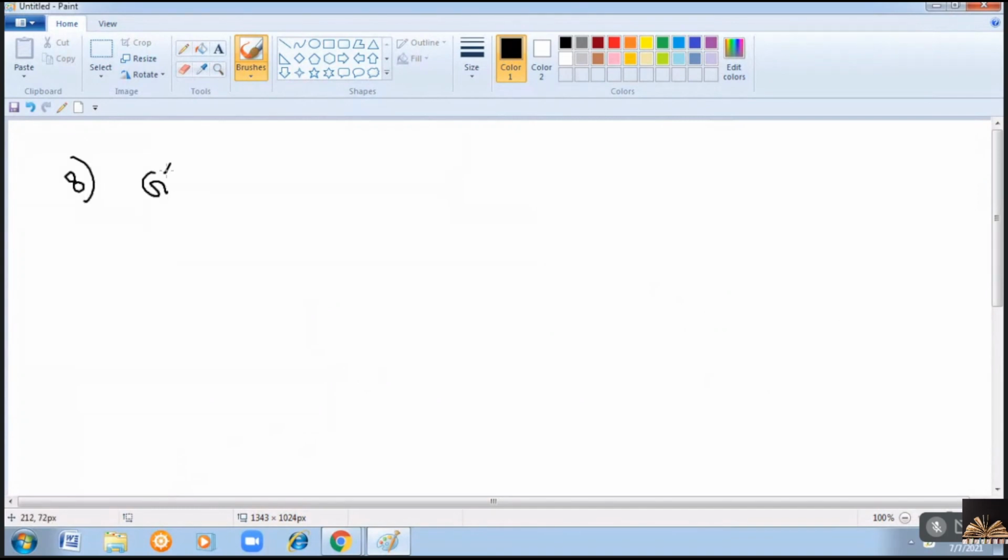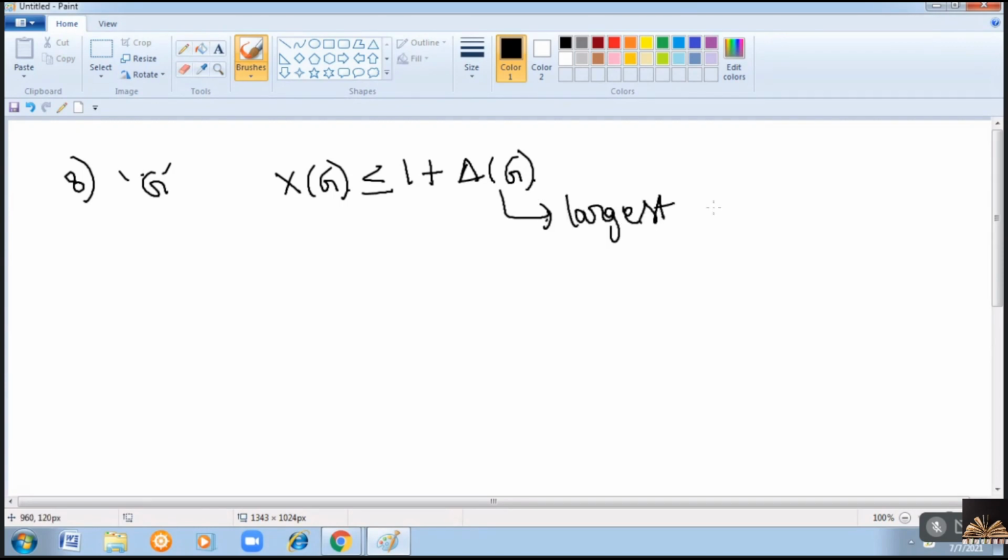There is a graph G, and the chromatic number of the graph is less than or equal to 1 plus delta of G, where delta of G represents the largest degree of a vertex in the graph. Clear?